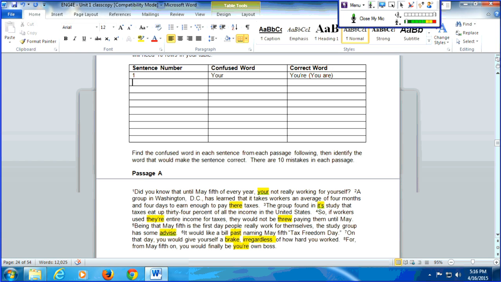So our next sentence is sentence 2. And the wrong word there is the word there. And it's their taxes. It's your money, so you need THEIR instead of THERE.